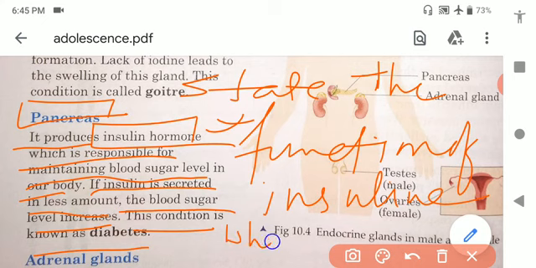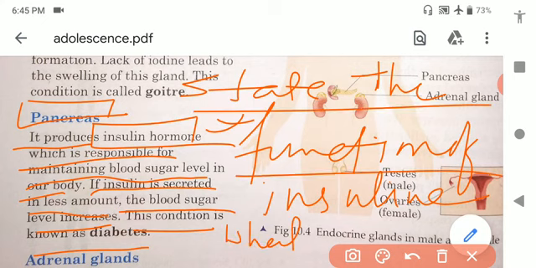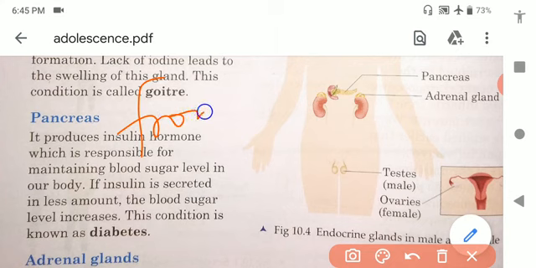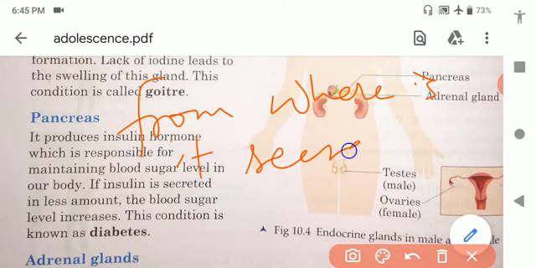State the function of insulin. And the next question, from where is it secreted? Noted.